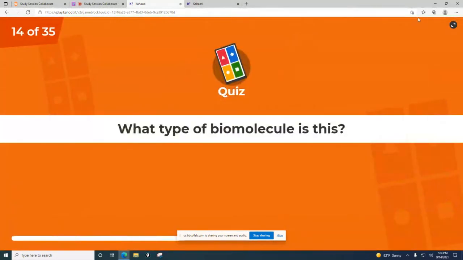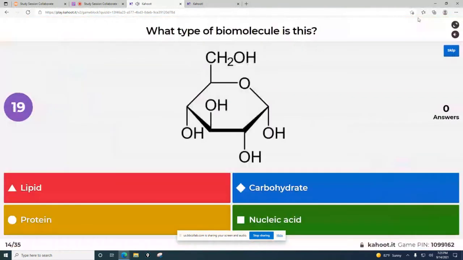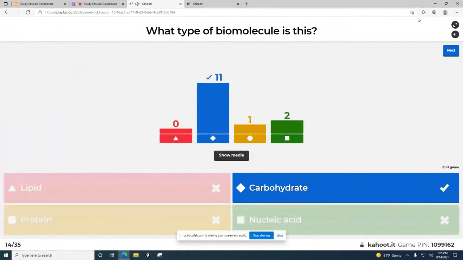Good job. What type of biomolecule is this? We were a little mixed, but mostly carbohydrates, so that's good.